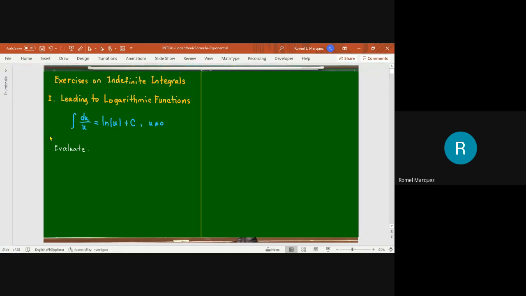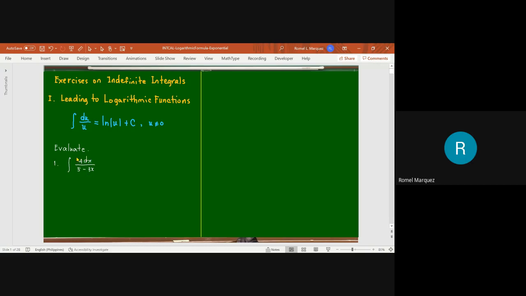Okay, number one. We have the integral of 4 dx over 5 minus 3x. Now, this takes the quotient form, no?